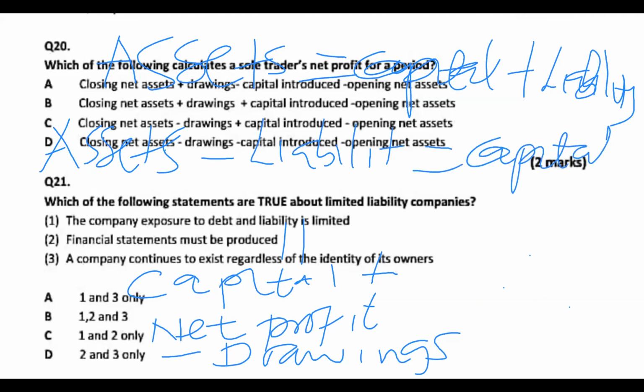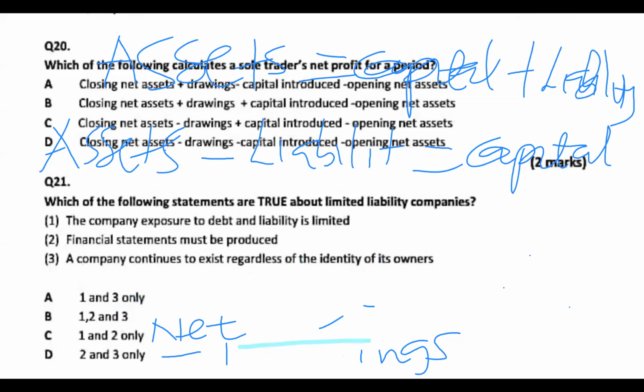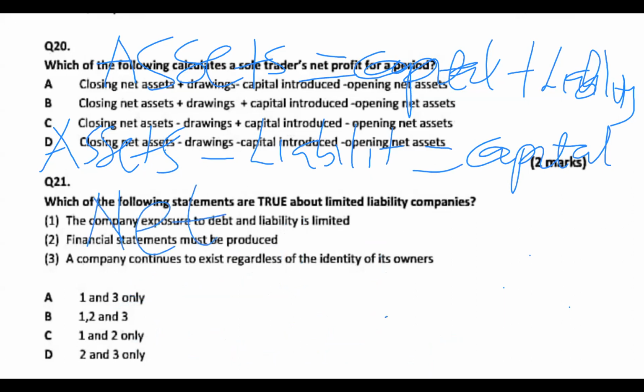Now check, I'm deriving the equation for you. Assets minus liability is called net assets, okay? Net assets should be equal to what?